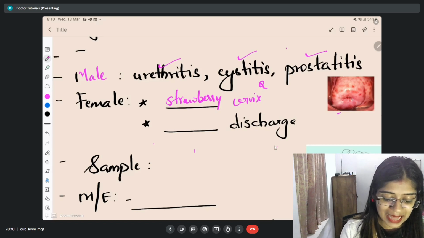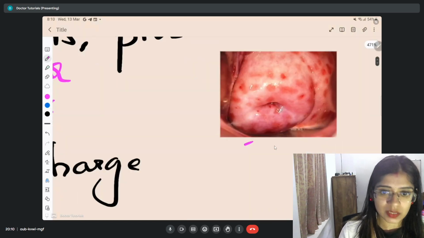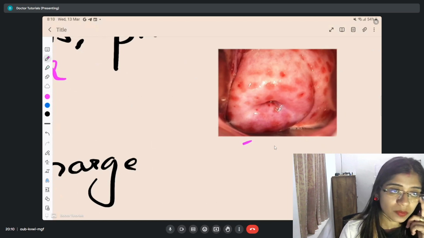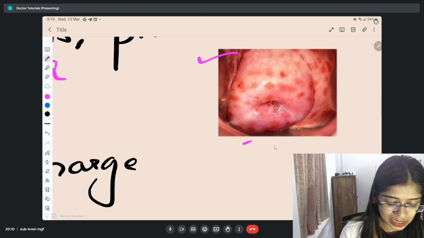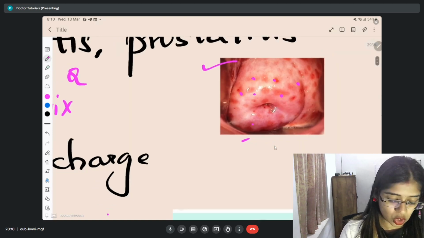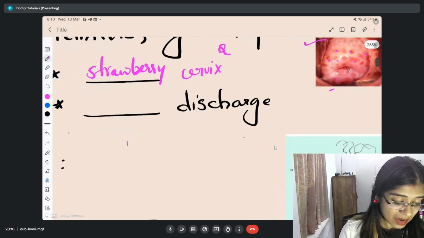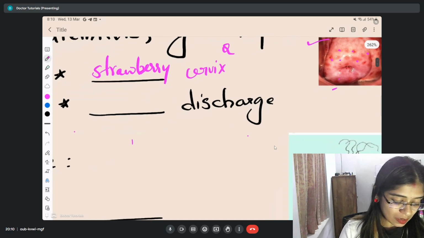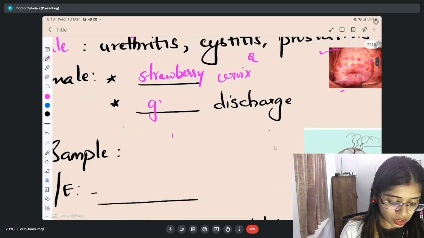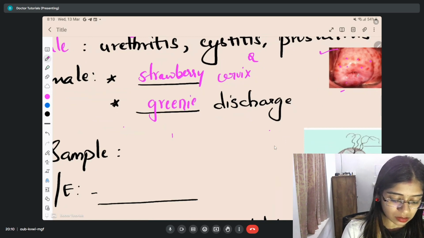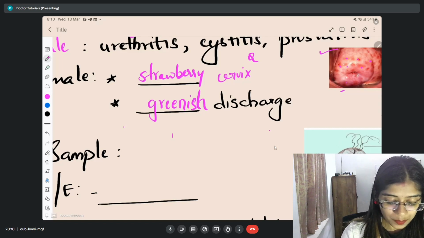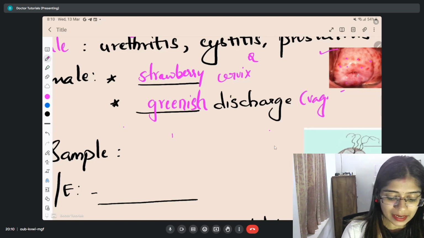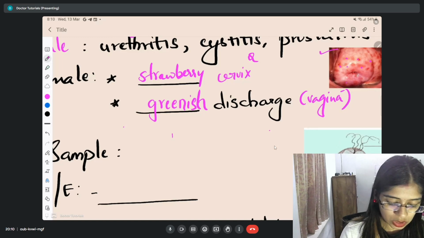So if a female has Trichomonas vaginalis in her genitals, she gets this kind of cervix which looks like a strawberry. That's why we call it strawberry cervix. And very, very important, in females they get a particular discharge, a greenish discharge that comes out from the vagina in case of Trichomonas vaginalis. This is also another important thing that you need to write in your exam.